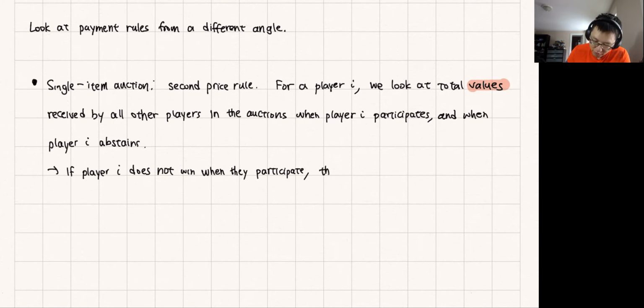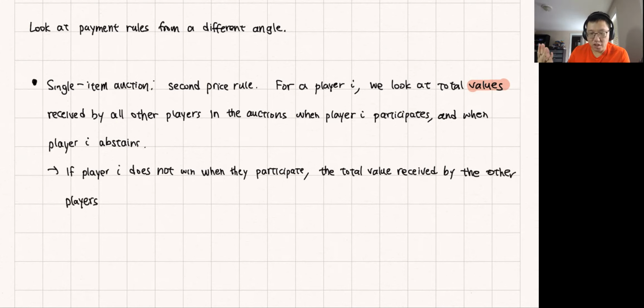So the total value received by the other players is basically what the winning player got, the highest valued player, the player who bid the most.